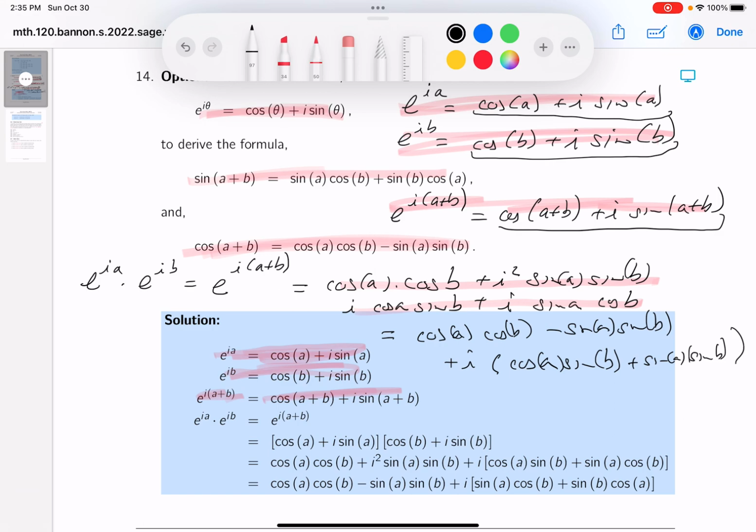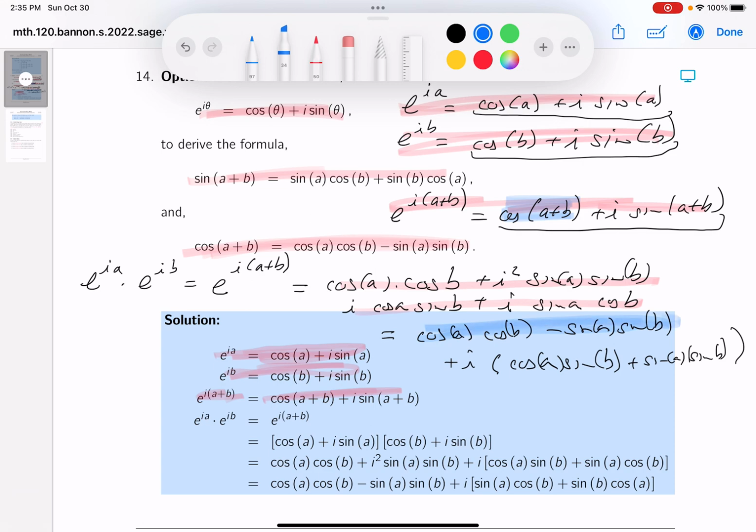Okay, so what I'm going to claim over here is that things better line up. In other words, I'm getting a real and an imaginary part to this complex number. And so I'm getting this part here, and I'm seeing this part right here.